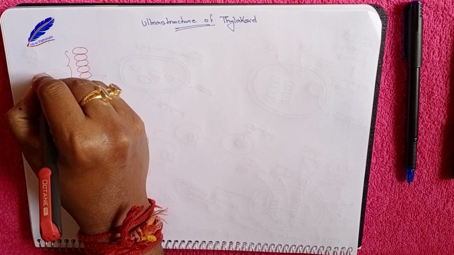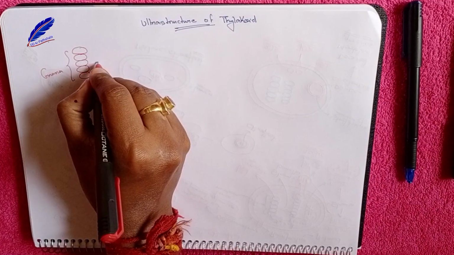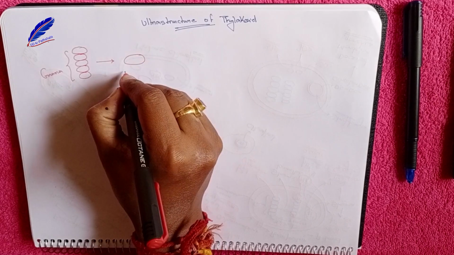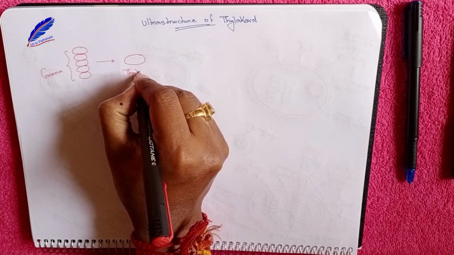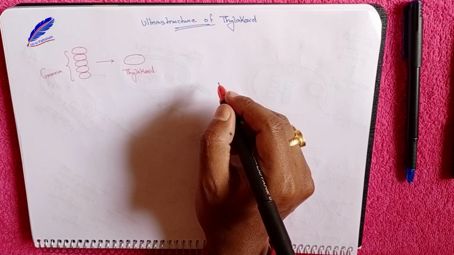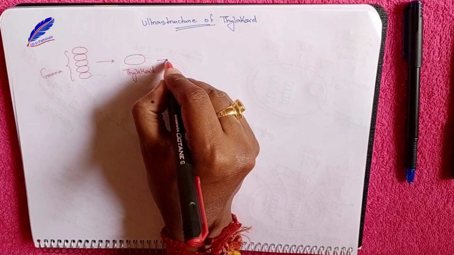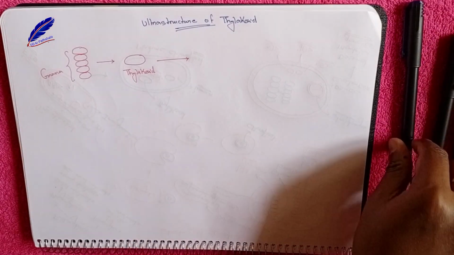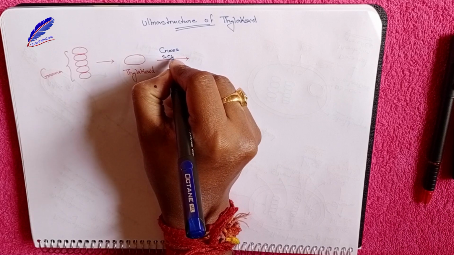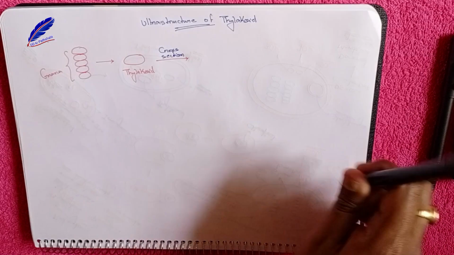So the entire structure is called grana. Now, if we consider only a single thylakoid and perform a cross section of this thylakoid, what will we observe?